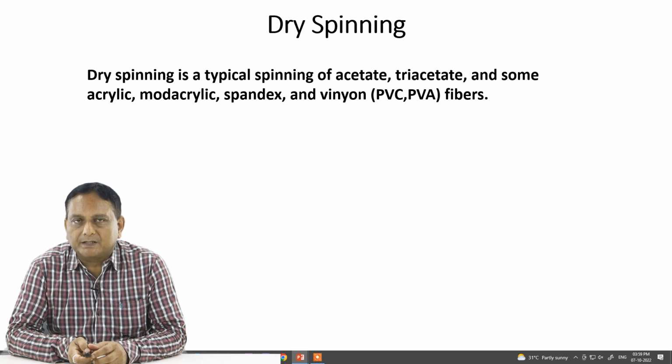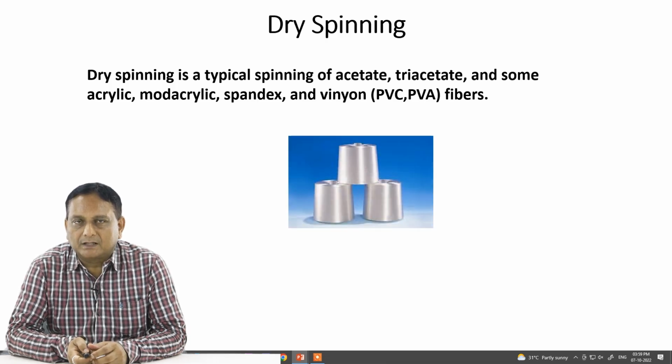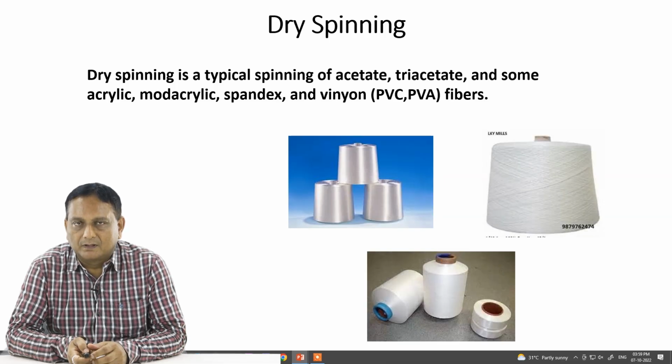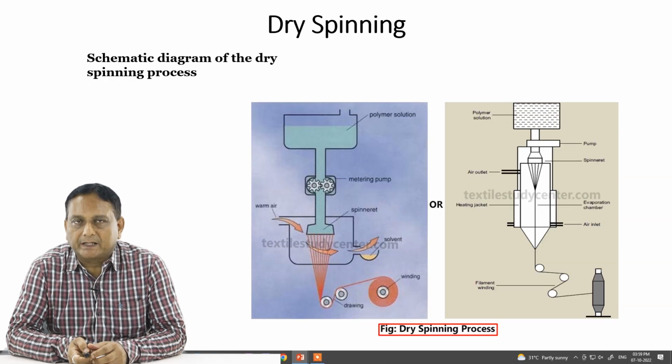So those kinds of fibers cannot be melt spun or wet spun, so the dry spinning process is applied to them. These are the different fibers which can be produced by the dry spinning process, as shown in the figure. These particular kinds of packages also have different special characteristics.